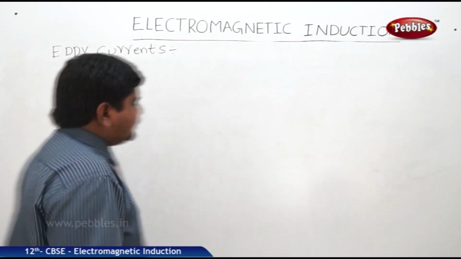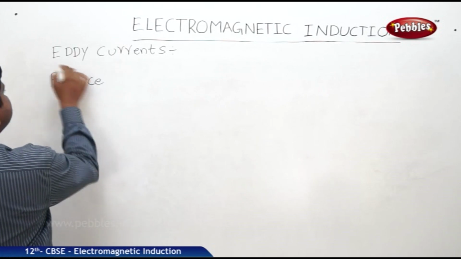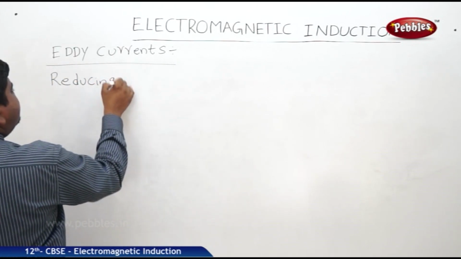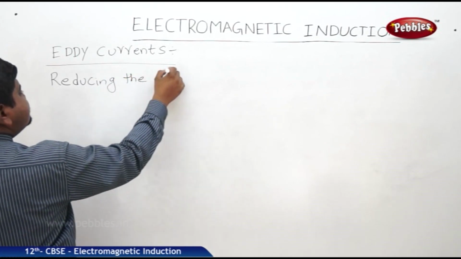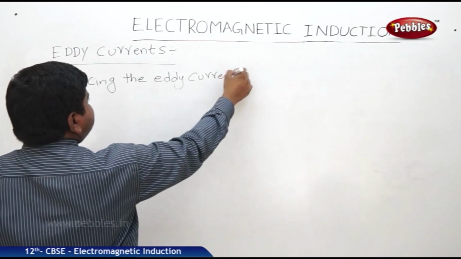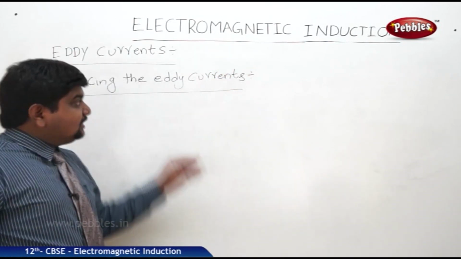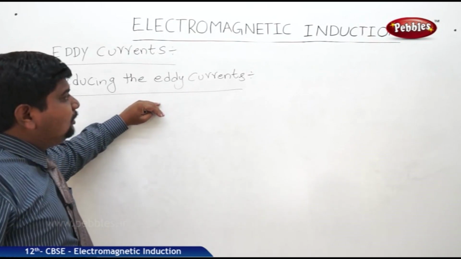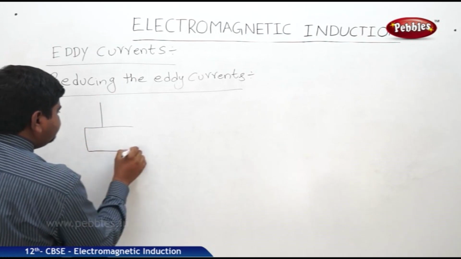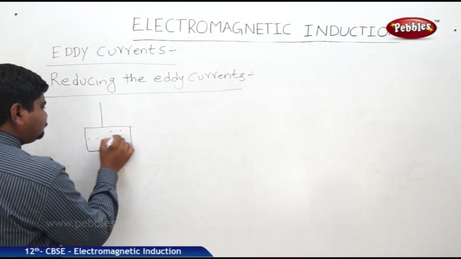How to reduce the eddy currents? Reducing the eddy currents is helpful in transformers. So if this is the metal core, make holes in a regular order.